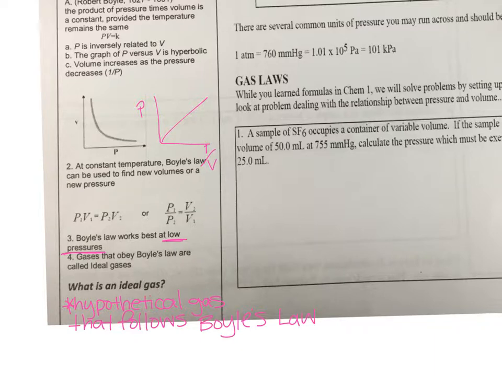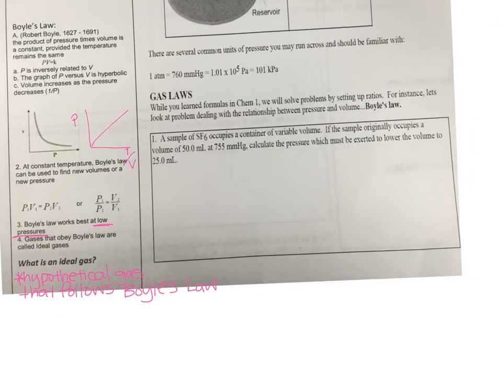When they get to high pressures, they start deviating from this line that says this is what an ideal gas would be, and they go really far away from it. That's all you really have to know about that. But you do need to know that an ideal gas follows Boyle's Law perfectly, but it's hypothetical.